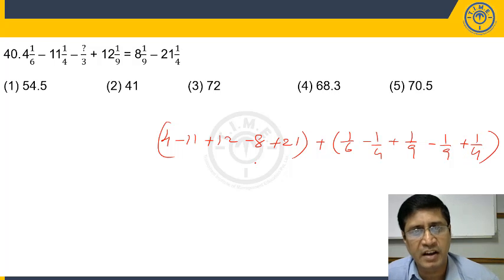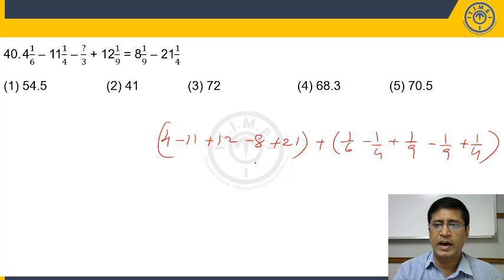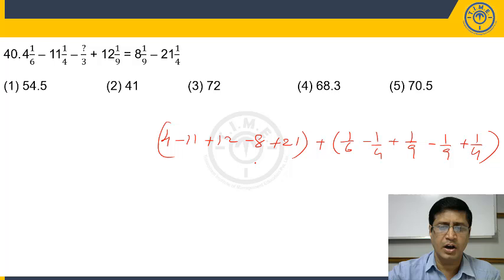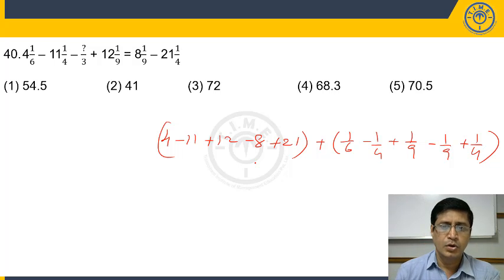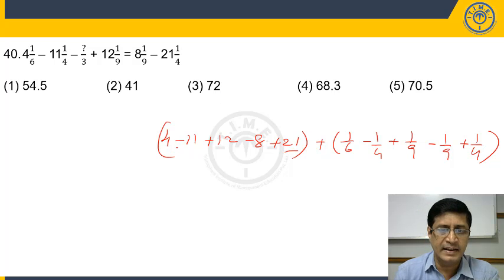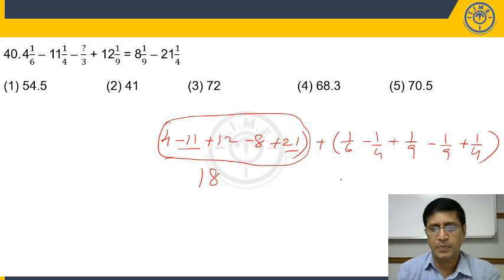By taking question mark on one side and the numbers on the other side. Then what is the value? What is the sum of the integers? If we observe, 12 minus 8, that is 4. So 4 plus 4, that is 8. 21 minus 11, it is 10. 10 plus 8, 18. So sum of the integers is 18.